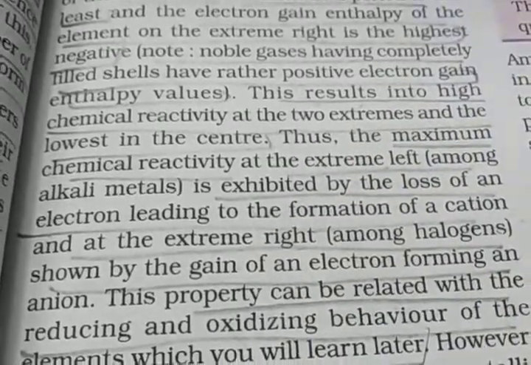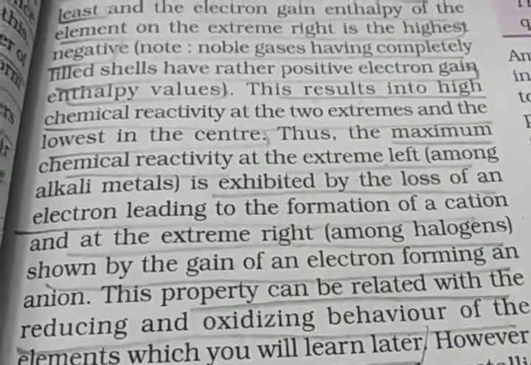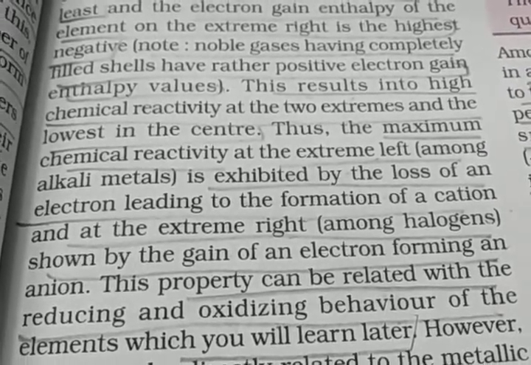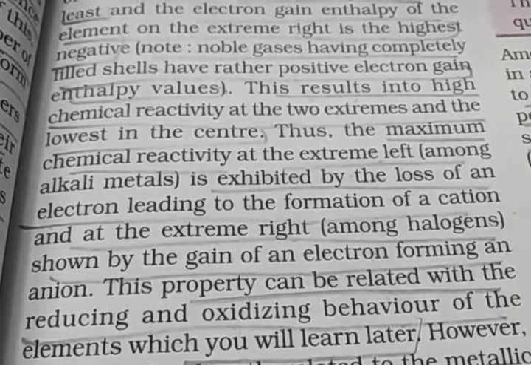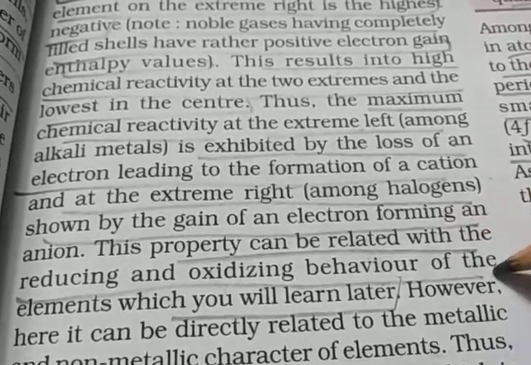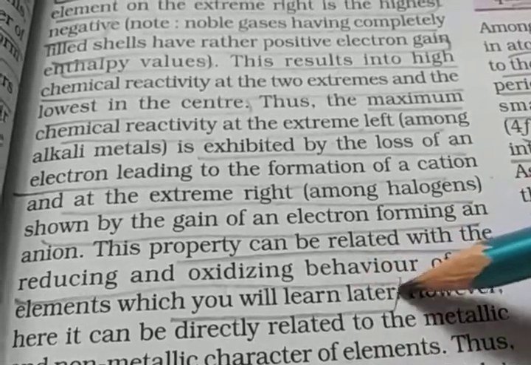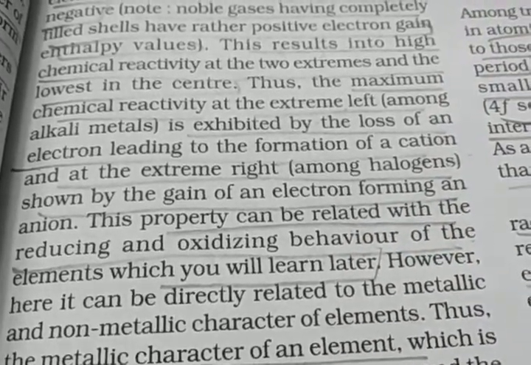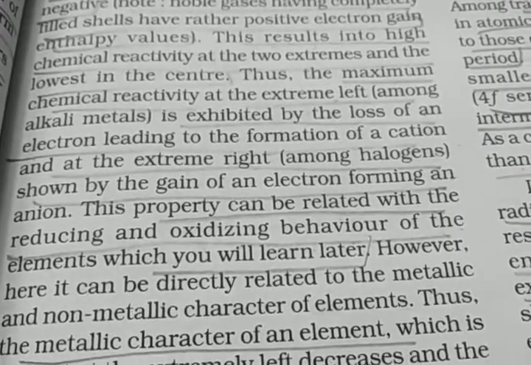So whenever there is loss of electrons, a positive charge is created on the atom, which means a cation, and whenever an electron is gained, an anion forms because a negative charge appears on the atom. This property can be related to the reducing and oxidizing behavior of the elements, which we will learn later.